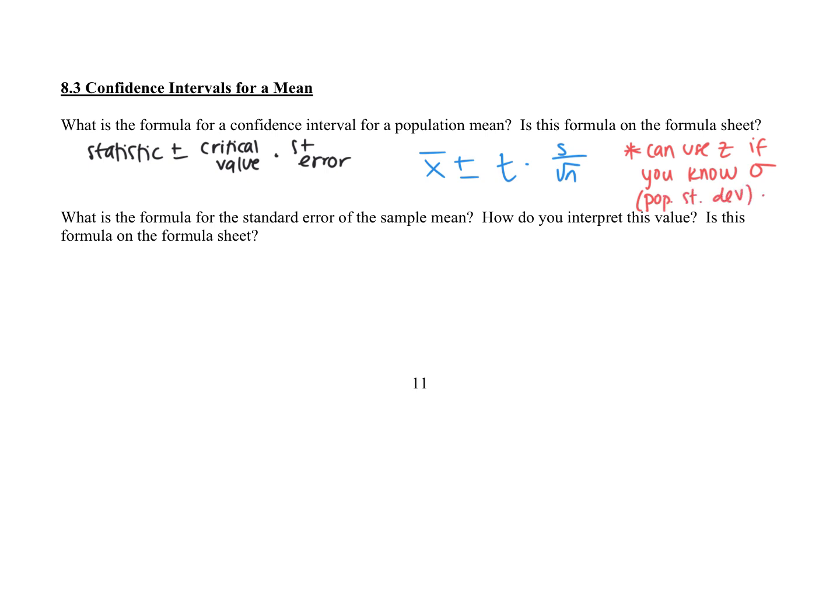Realistically, how often do you think we know the standard deviation of a population? A confidence interval we're doing because we don't know the population mean. Are there cases where we don't know the population mean, but somehow we know the population standard deviation?